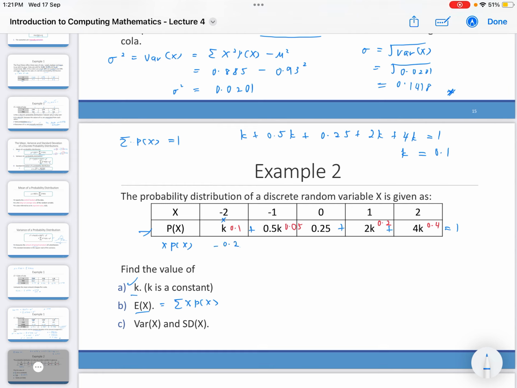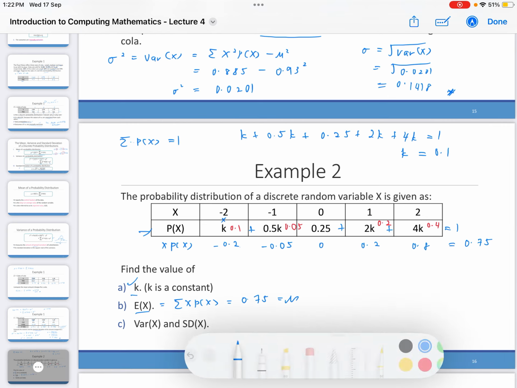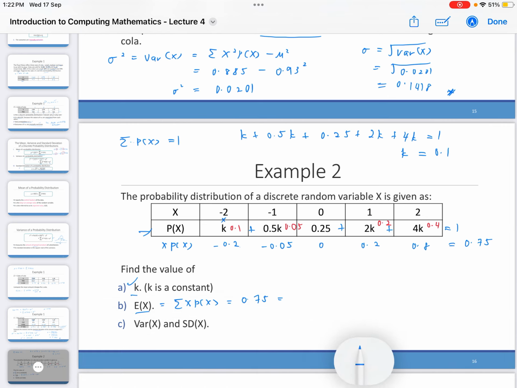Minus 1 times 0.05, you get minus 0.05. 0 times 0.25, we get 0. 1 times 0.2, we get 0.2. 2 times 0.4, we get 0.8. When we add everything here, we get 0.75. So this is the mean. The expected value E of x is also equal to the mean, mu.